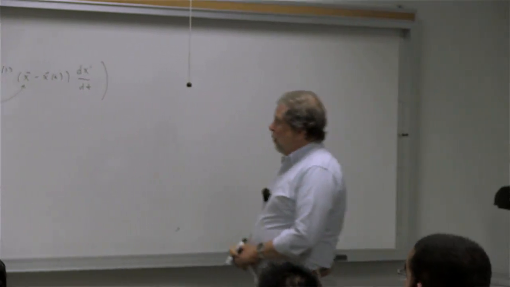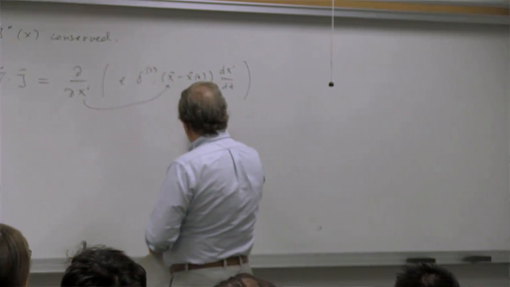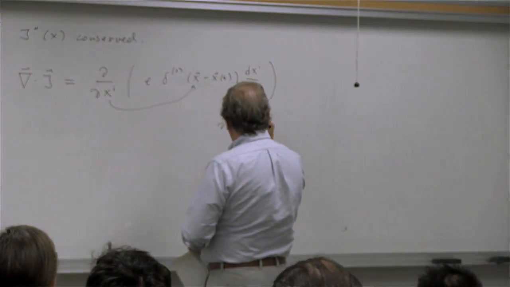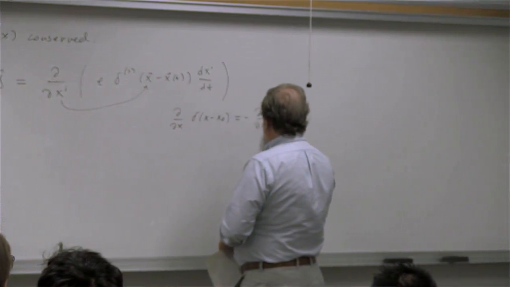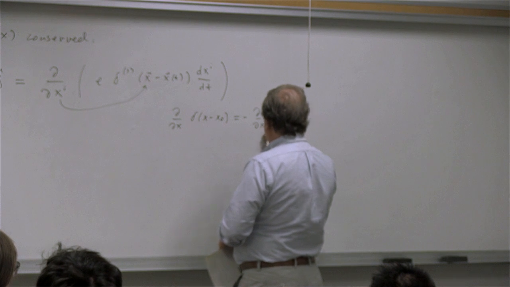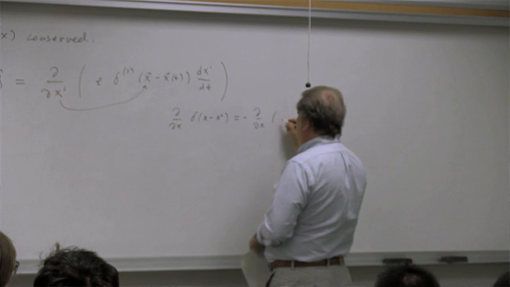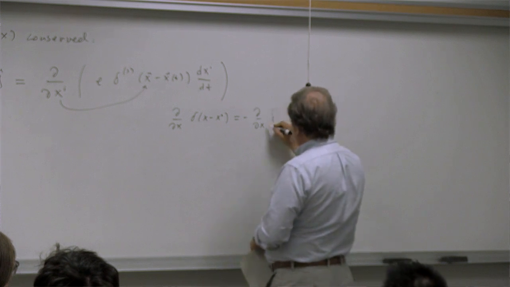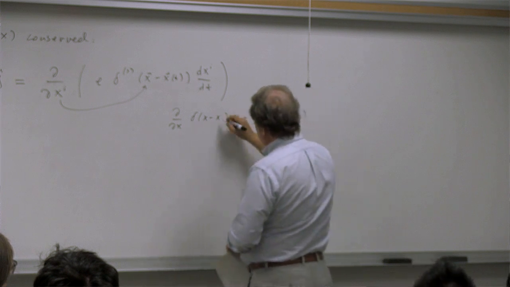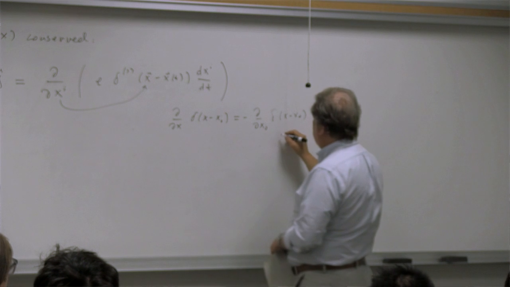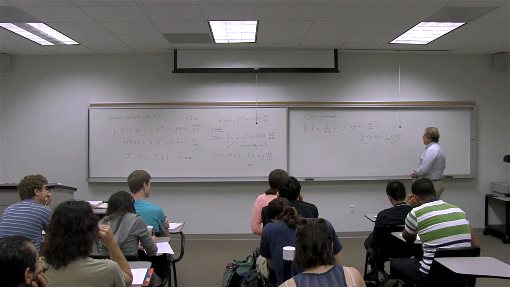And now what we're going to do is we're going to make it act on this one instead. So we use the fact that d by dx of delta of x minus x naught is equal to minus d by dx naught of delta of x minus x naught, where this derivative is with respect to the argument here, whereas in this first case it is with respect to the other argument.